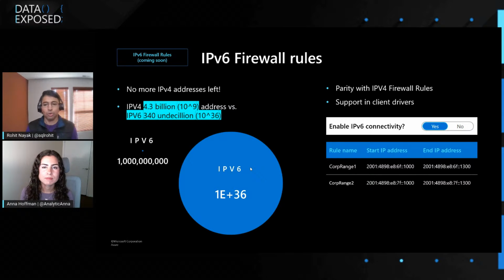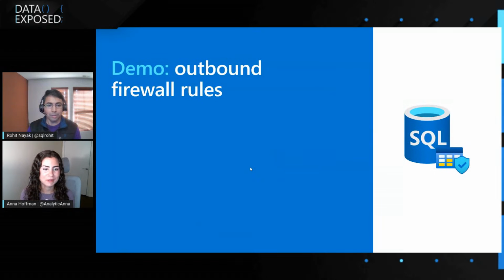Because it's no good giving IPv6 connectivity if you don't have the drivers to support it, then nobody can connect. And this is just my artist drawing of how we envision it, where at the server level, you'll say, hey, I want to use IPv6 connectivity. You say yes, and then you specify IPv6 ranges similar to how you would do IPv4 ranges today. Right? Gotcha. That's really cool.